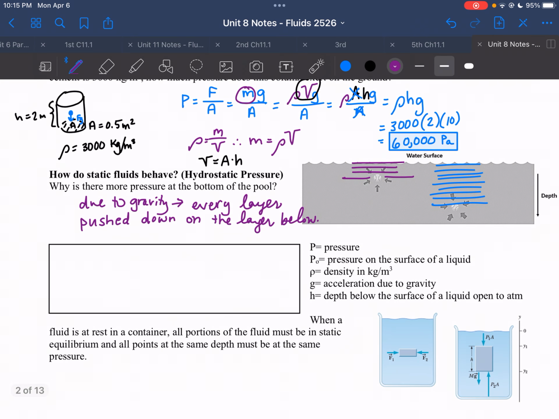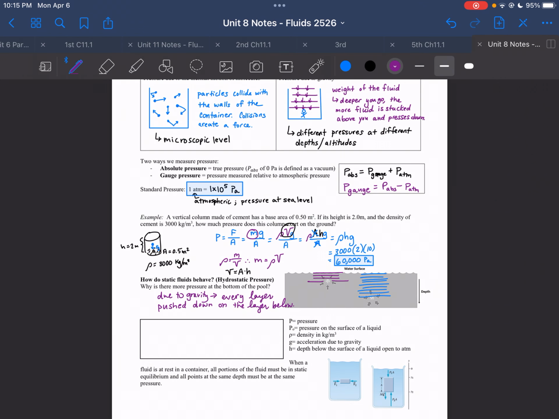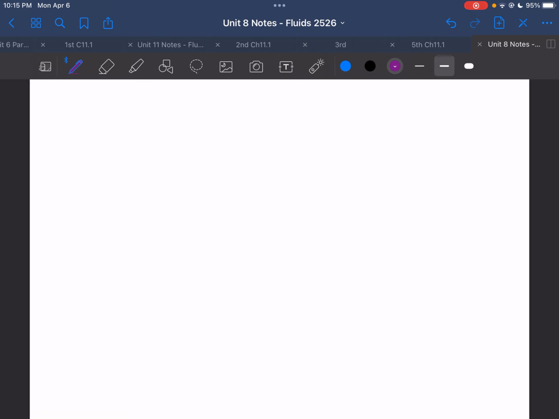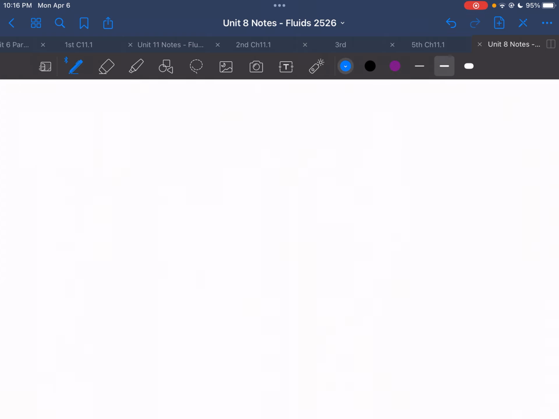All right, the last is going to be to relate the pressure at the surface to kind of everywhere else. And so I actually want to take us to just a little side note here. This is essentially what we have going on.